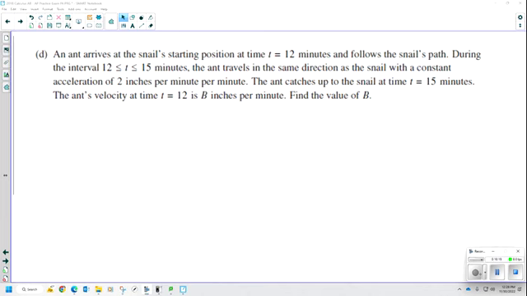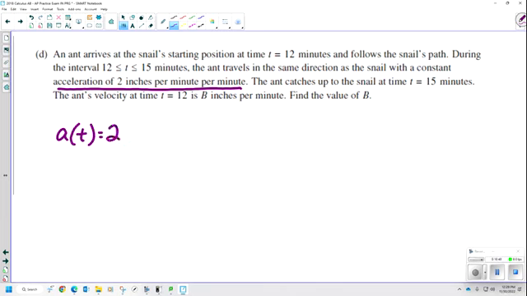2D. An ant arrives at the snail's starting position at t equals 12 minutes. Okay, we got another player in the game. And follows the snail's path. During the interval from 12 to 15 minutes, the ant travels in the same direction as the snail with a constant acceleration, this is nice to have, of 2 inches per minute per minute. So acceleration of the ant is 2, and that's inches per minute, or I can say per minute squared.